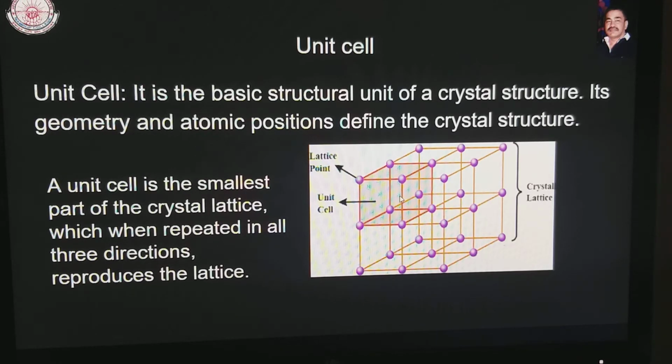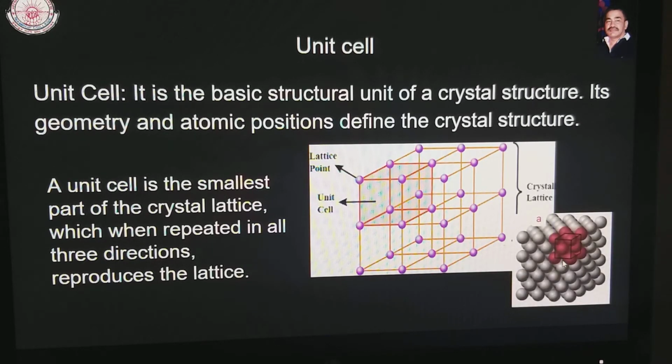So a unit cell is very important. To describe the structure of the crystal, we must know the properties of the unit cell. Here we see the structure of the unit cell.